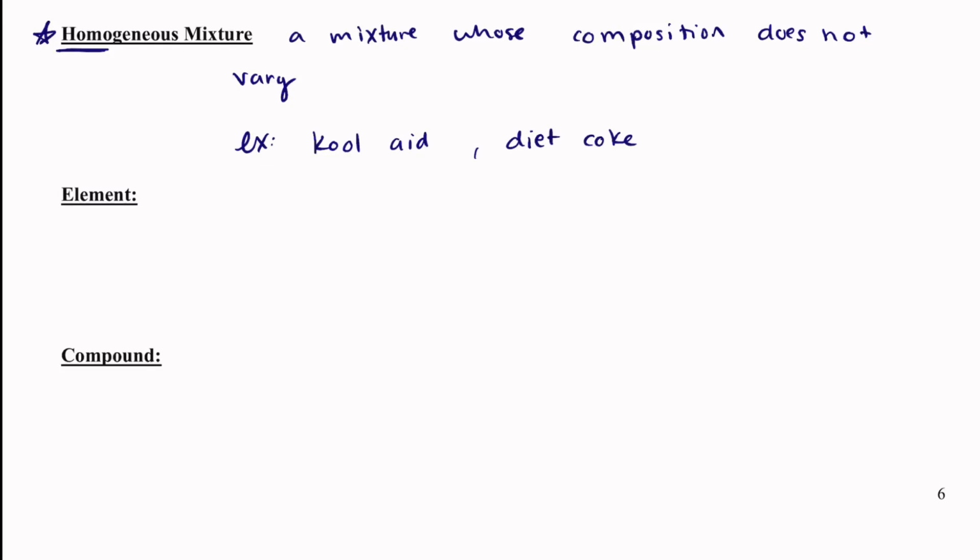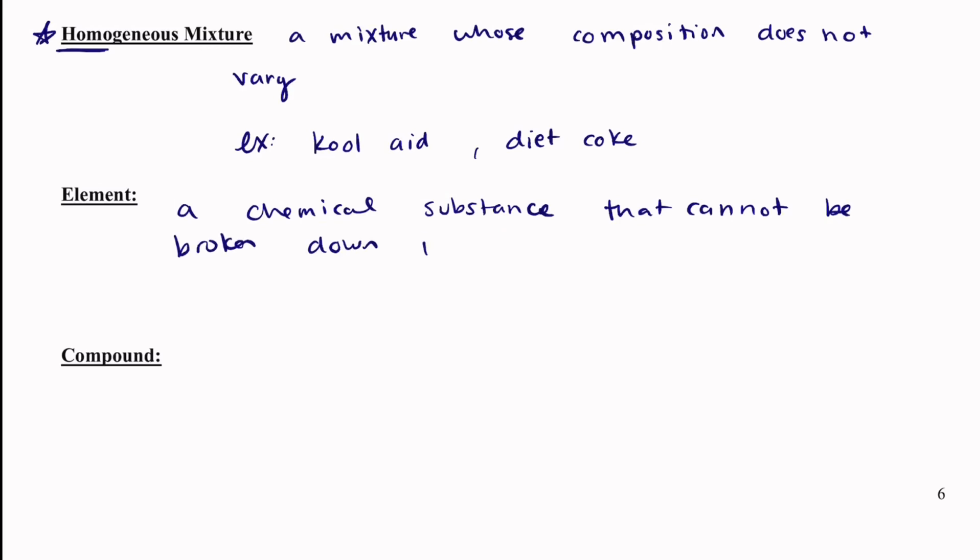There's an element, and this is a chemical substance that cannot be broken down further by chemical means. And then we have a compound, which is a substance composed of multiple elements that are chemically combined.